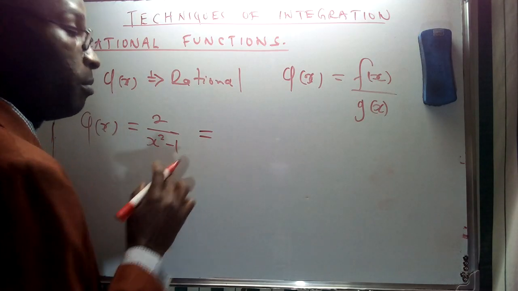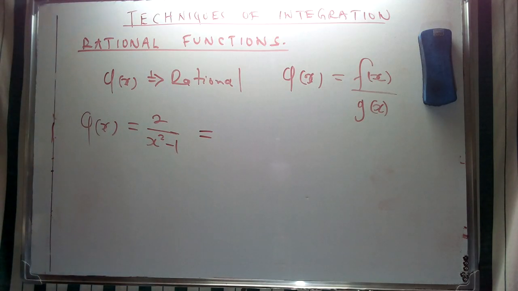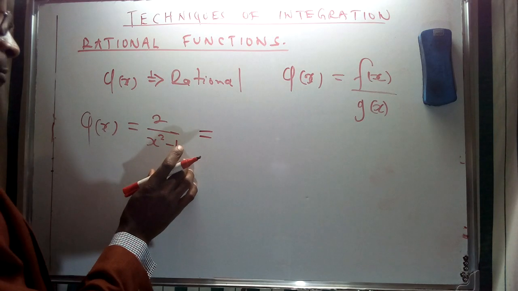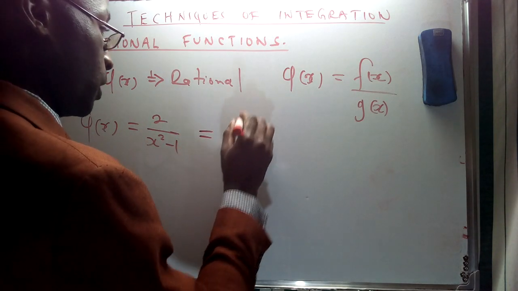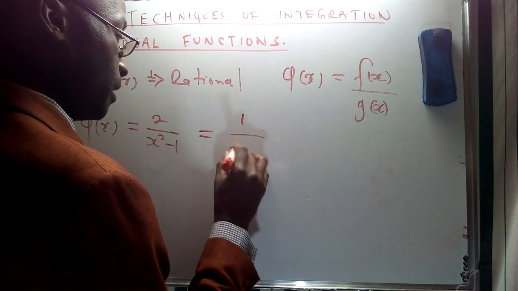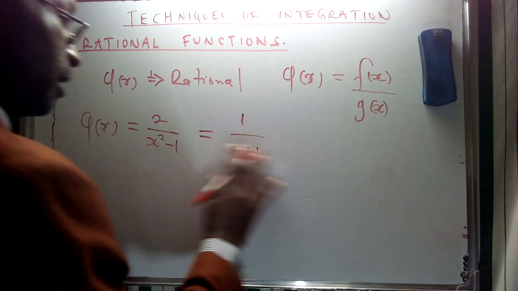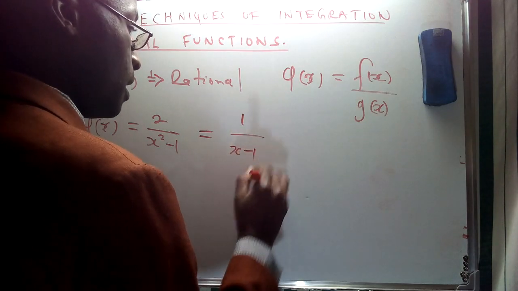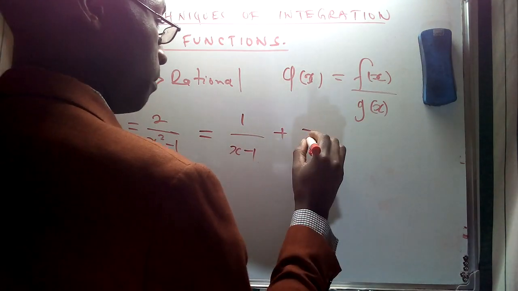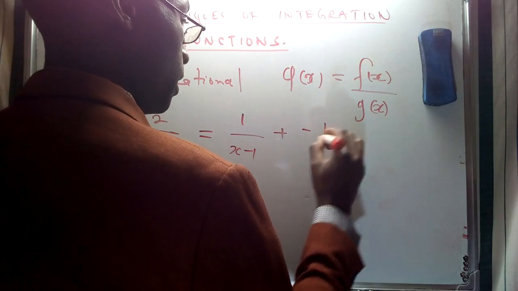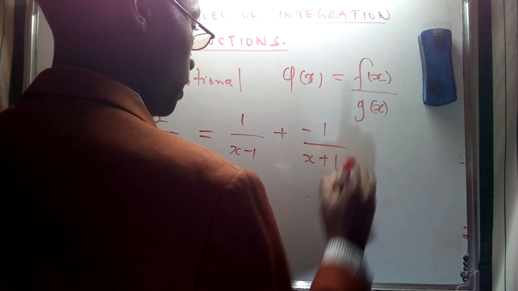If you look at the denominator for this one, we can see that this is a difference of squares, whereby we can express this as x plus 1 times x minus 1. And then this other one is going to be 1 over x minus 1 minus 1 over x plus 1 respectively.